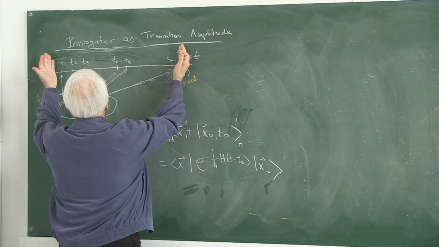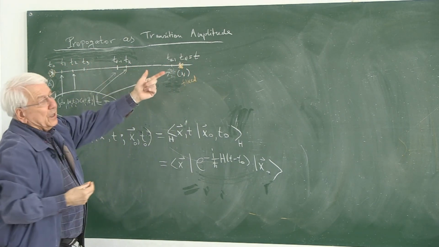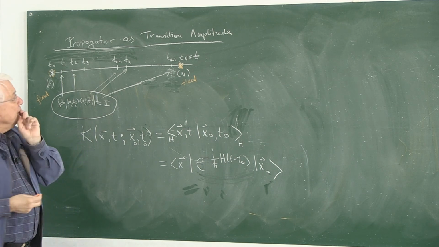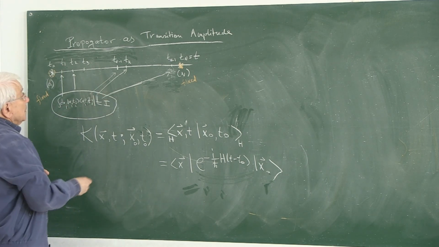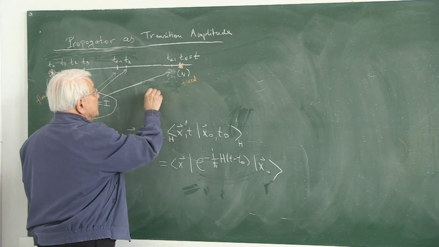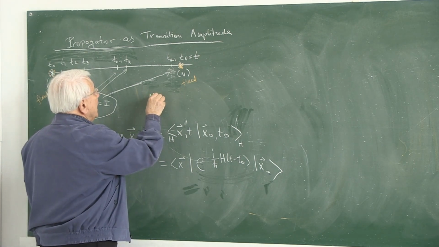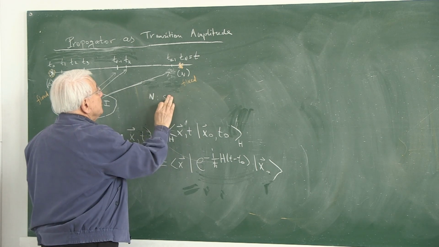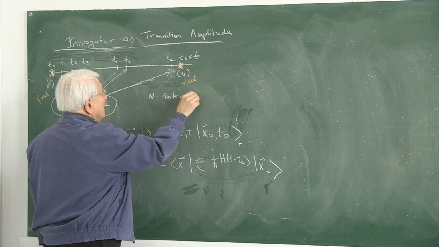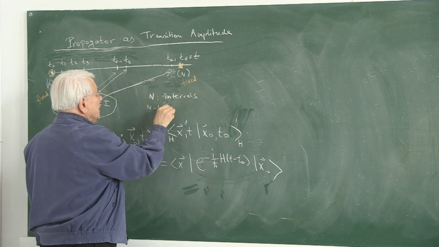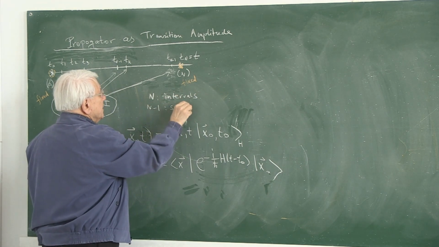These are fixed things, and the subdividers are T1 to Tn minus 1. There are n minus 1 of them, and there are n intervals instead. Okay, let's make a note of it. We have seen this in the morning: n intervals and n minus 1 subdividers.